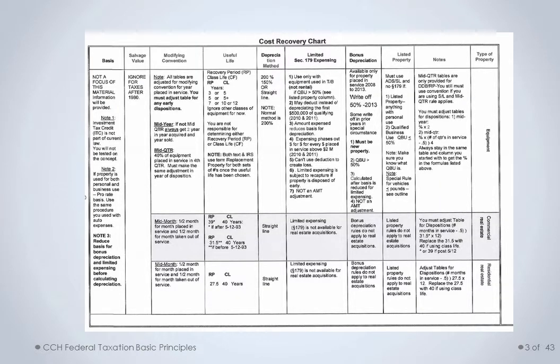And then this is the chart that is about the second page in the packet. You can think of this as your cliff notes, if you will, because all the pertinent things are summarized here for you. Now, back in the cliff notes for the solutions for Chapter 6, that's where depreciation is formally discussed in the textbook.